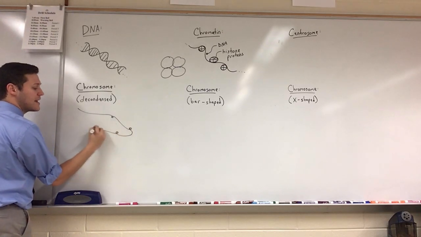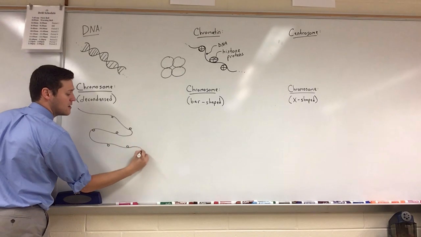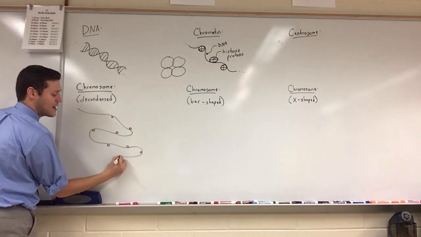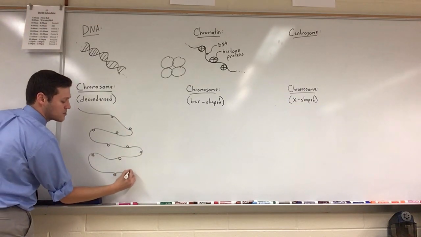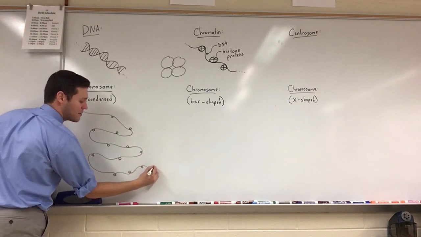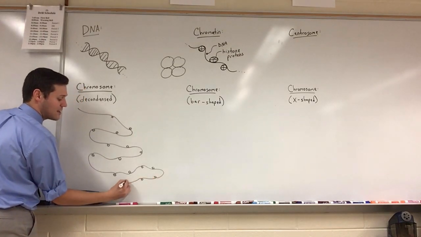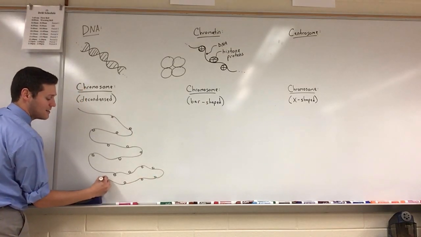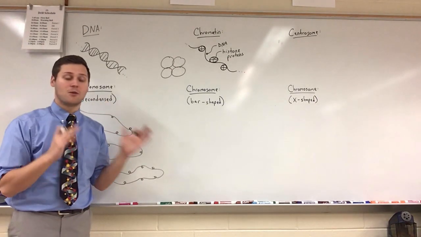Every now and again, the DNA is wrapped around histone proteins. And this is DNA in its decondensed form, so it's loose. This will not be drawn to scale necessarily because I cannot depict the size of DNA on my little space of whiteboard because it's a very long molecule.